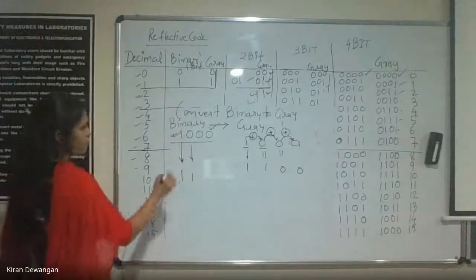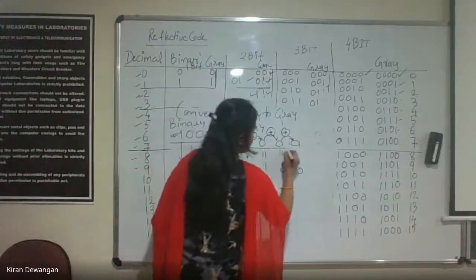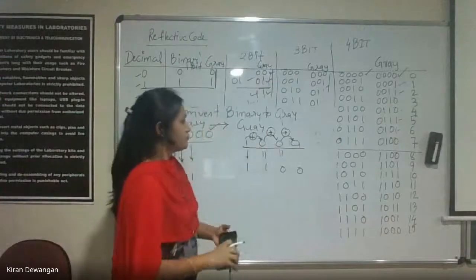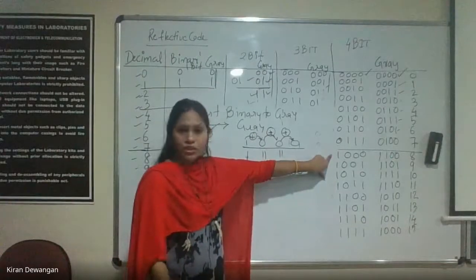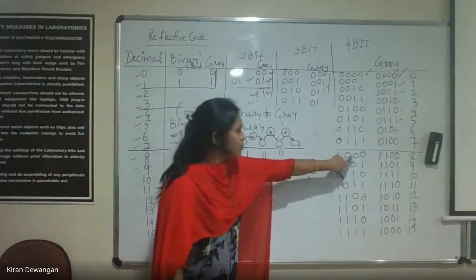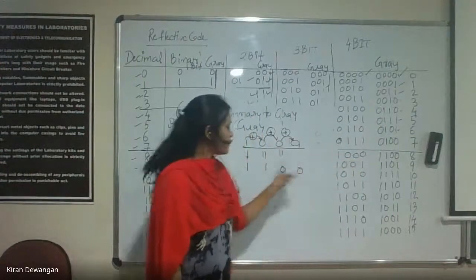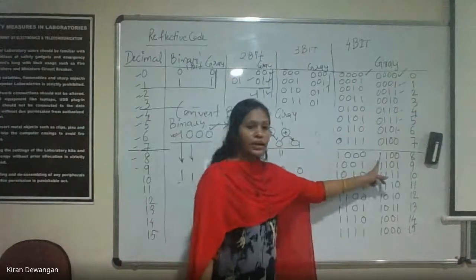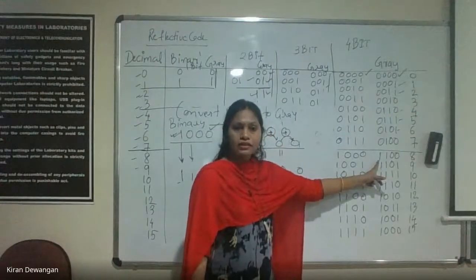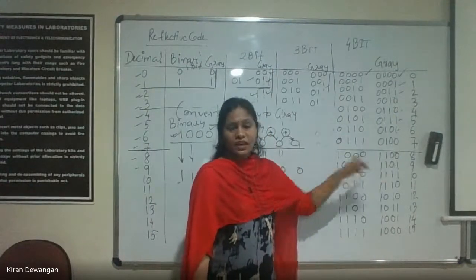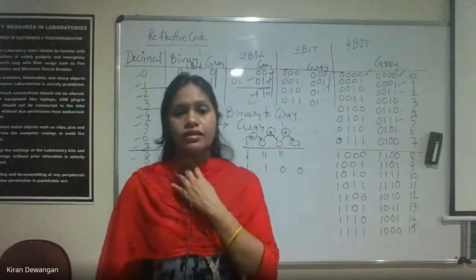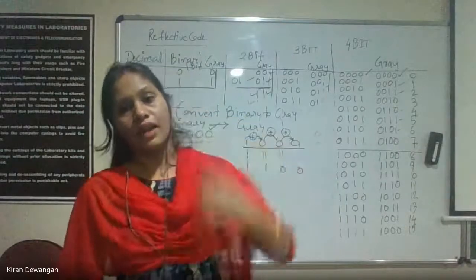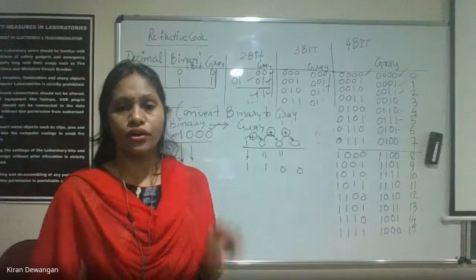Clear? So for 1 0 0 0, this was the question, what is our answer? 1 1 0 0. Is this concept clear? Students, just reply. Is binary to gray conversion clear or not?